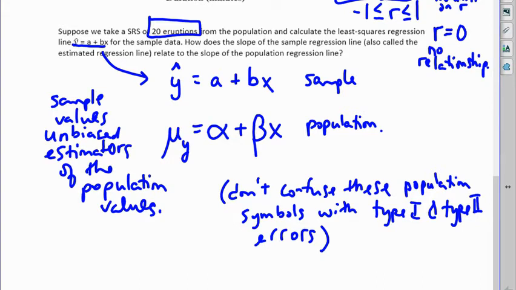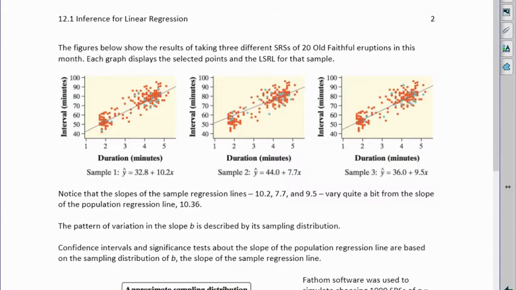Okay, so to the next page where we've done more than one sample of 20 eruptions. The first sample of 20 eruptions resulted in this sample equation. The second sample of 20 eruptions, which may or may not have included some repeats, resulted in this.